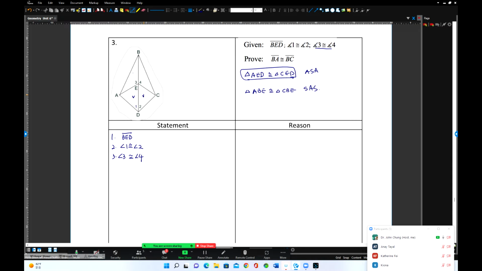Okay, this one we can easily prove. Angle 1, angle 2 is already given. We have one angle already. Side is given. I'm gonna put this one side first. ED congruent to ED, that is reflexive over here.